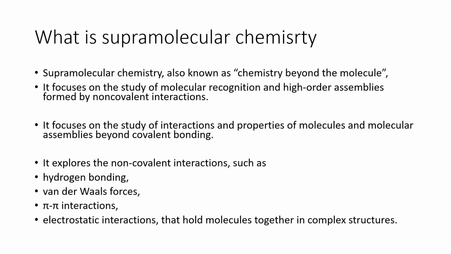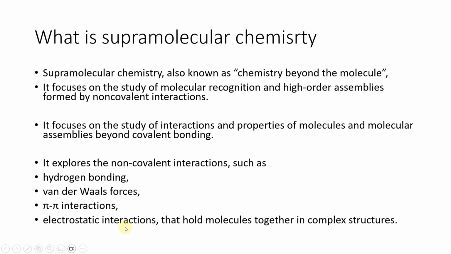So moving on towards what is supramolecular chemistry? Well, supramolecular chemistry is also known as the chemistry beyond the molecules because in supramolecular chemistry we discuss all types of non-covalent interactions, and these non-covalent interactions include the hydrogen bonding, the van der Waals forces, the pi-pi interactions, the electrostatic interactions.